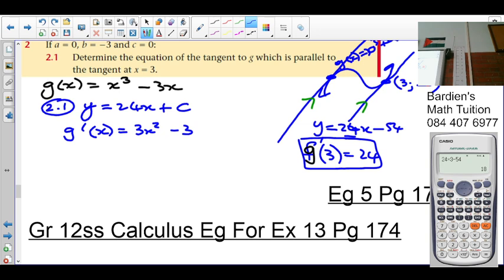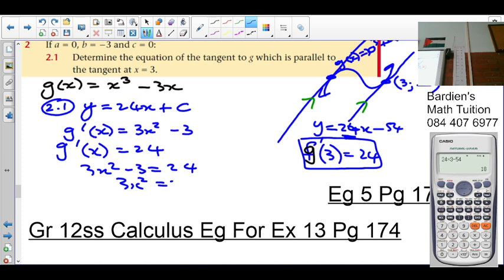If lines are parallel, the gradients are both equal to 24. So g prime of x is equal to 24. So 3x squared minus 3 is equal to 24. So 3x squared is equal to 27, divided by 3, take the square root thereof. So x is equal to plus minus 3.